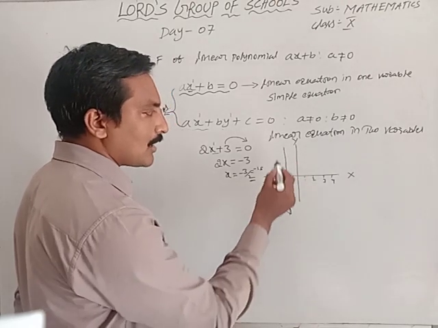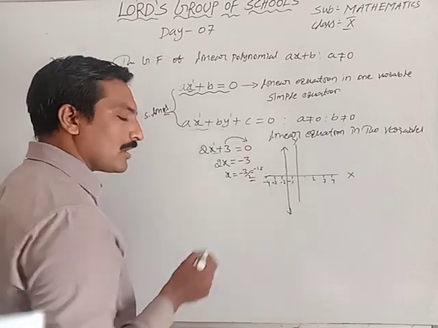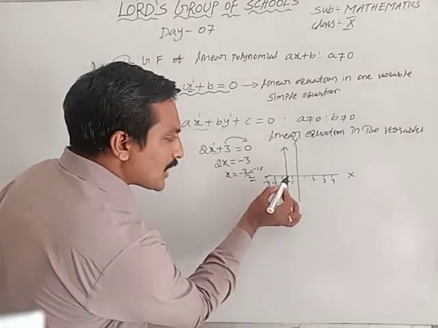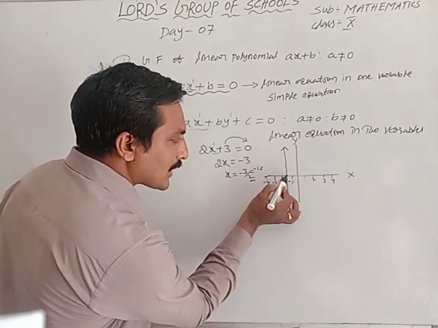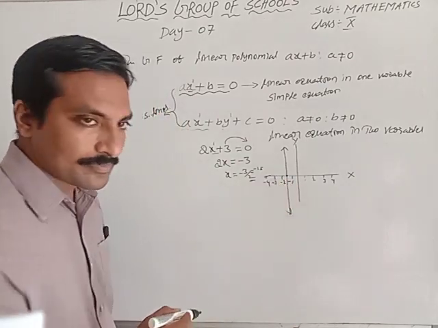This is the straight line for 2x plus 3, and where it intersects the x-axis acts as the solution of this graph.